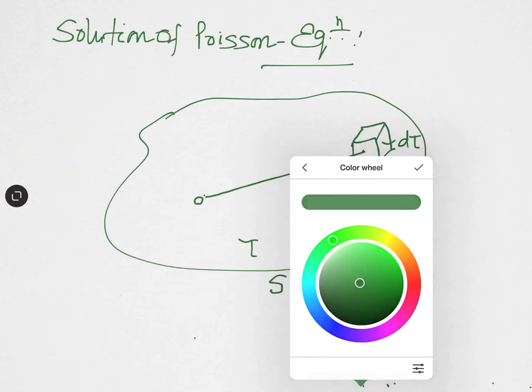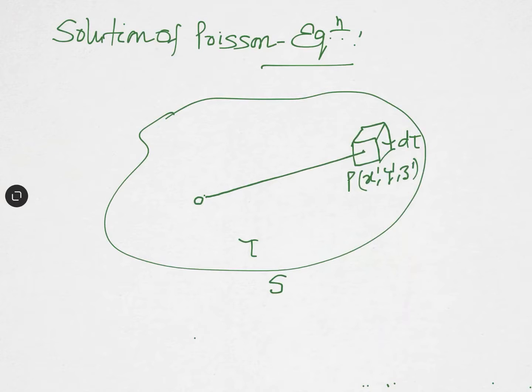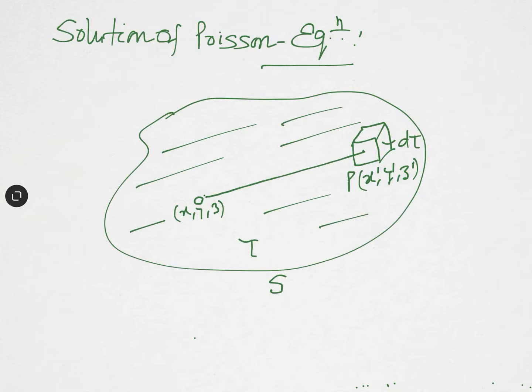We consider a test point near the point O, whose coordinates are x, y and z. This is also a point where we have to find the potential if the charge distribution is given, and the charge I have assumed is distributed in this region in continuous manner.